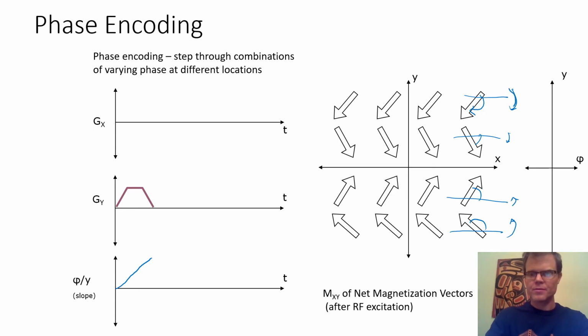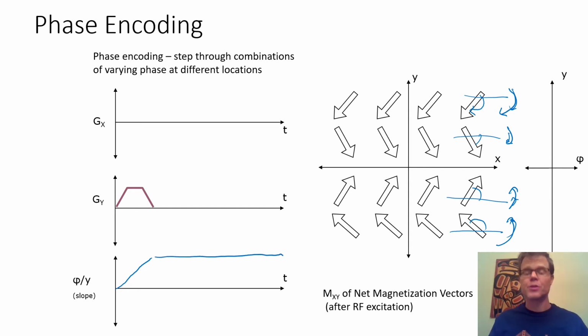Maybe I should draw that as a big arrow compared to the last slide here. So we have very high frequencies at the edge of our y dimension here. So we get a lot more phase accumulation with the larger y phase encoding gradient in this case.